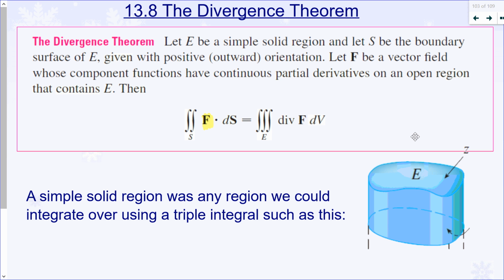And also, it has to be a simple solid region that is created by these surfaces. By simple solid region, this is really any region that can be integrated with a single triple integral. When we learned how to do triple integrals in chapter 12, if you can integrate with a single triple integral, that's a simple solid region.